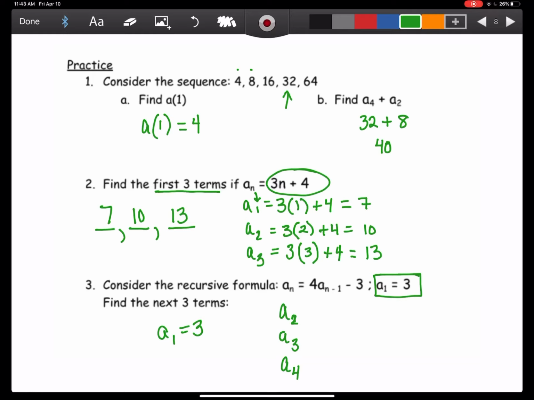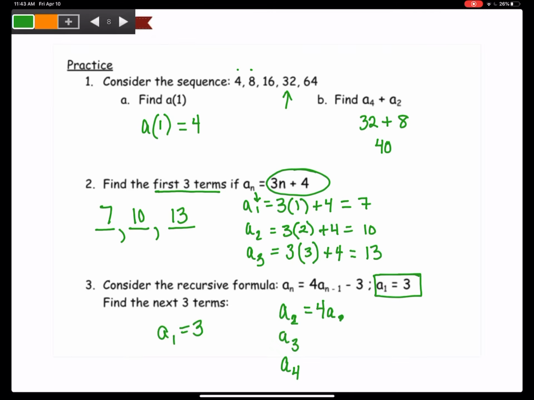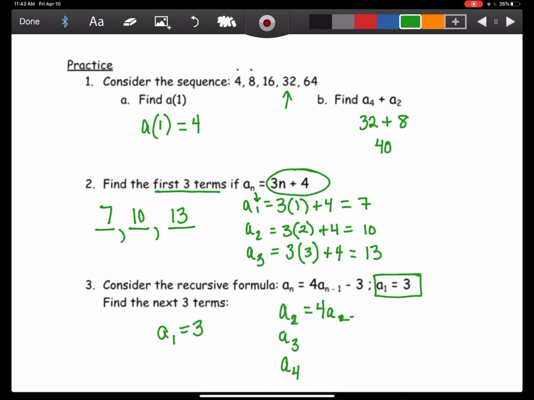So, a sub 2. A sub 2 means find 4 times a sub 2 minus 1 minus 3.